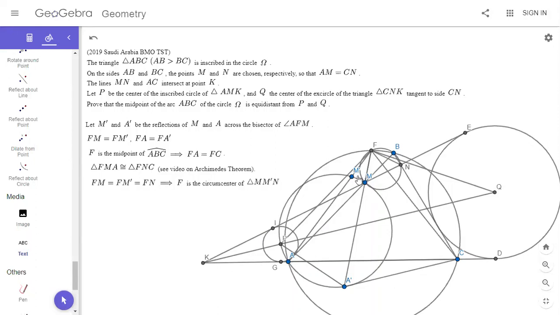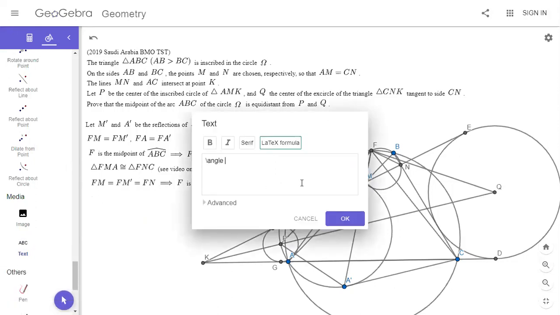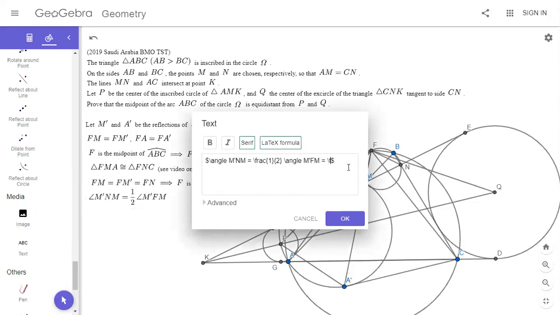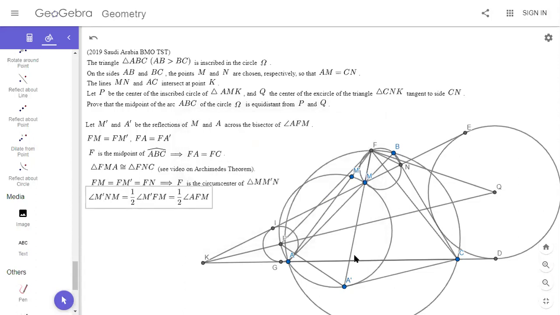So angle M prime NM is half of angle M prime FM, which is half of angle AFM. Yeah, I don't even think I need this circle right here.